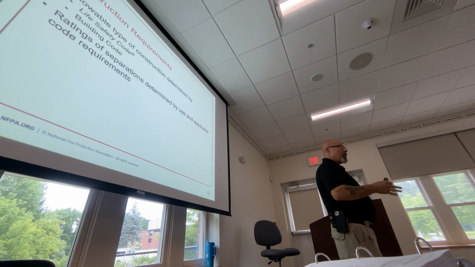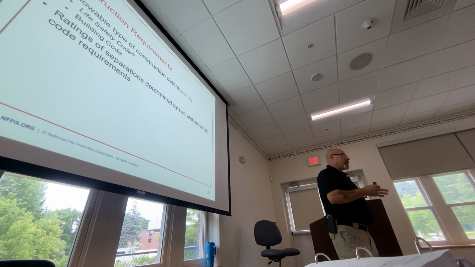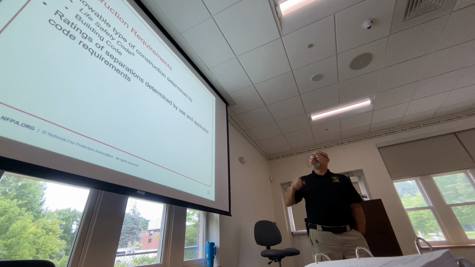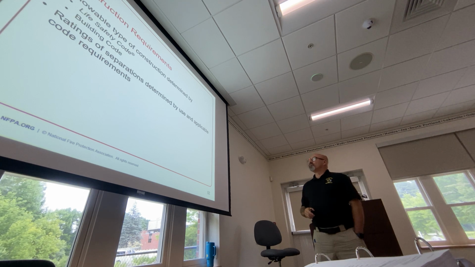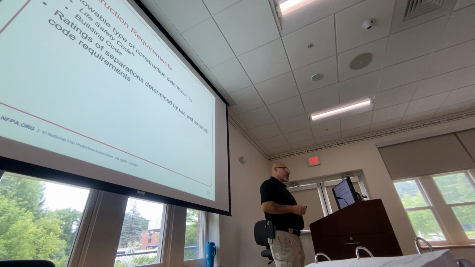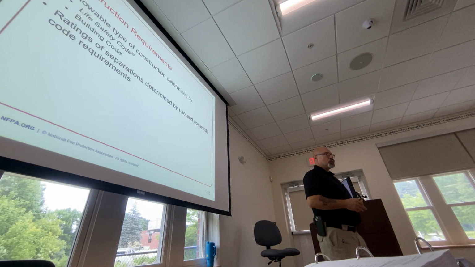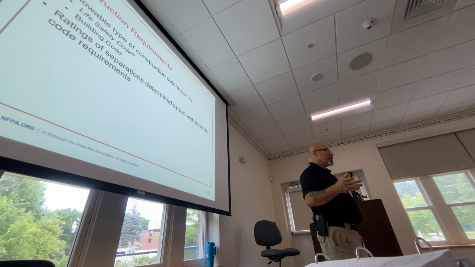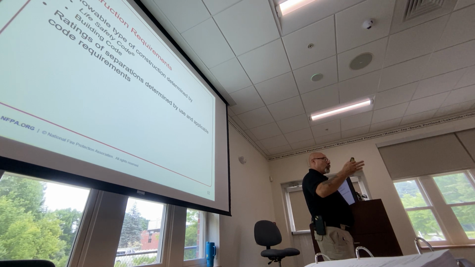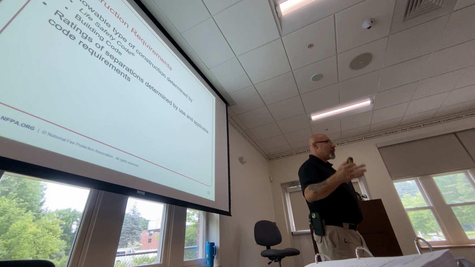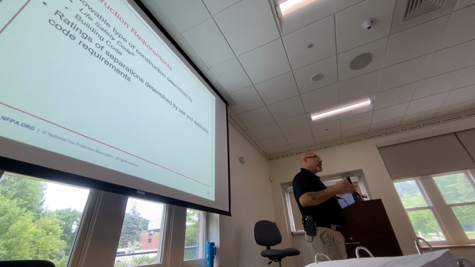Figuring out what you have for an occupancy, figuring out what you have for a construction type, allows you to figure out the allowable type of construction determined by whether it's the building codes or whether it's the life safety codes. It's super important because not every construction type can be used for a specific occupancy, or you're limited by the occupancy and the construction type on number of floors that you can have.